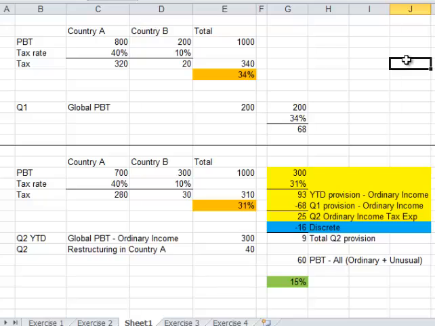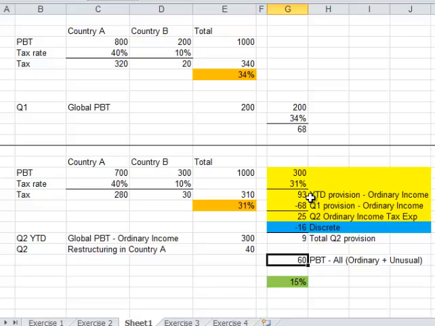So some of that is the 3% change being caught up on that $200 of income that we booked in Q1, right? So if you just think, well, gosh, I over-accrued on $200 of income by 3%, that's 6. But I only had 60 of PBT for the quarter, that's a 10% rate drop just because of that catch-up mechanic, right? That's pretty severe, even though it seemed kind of subtle, right?